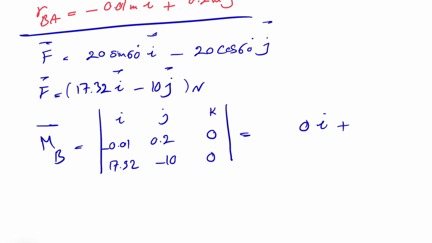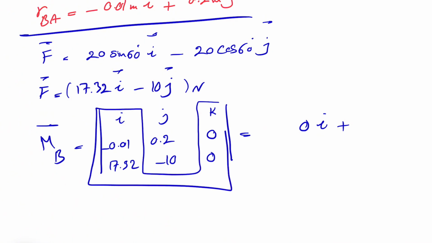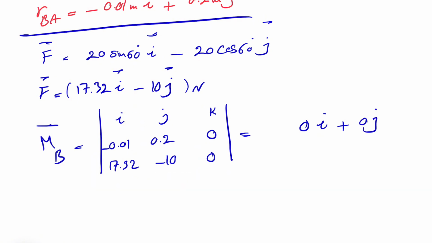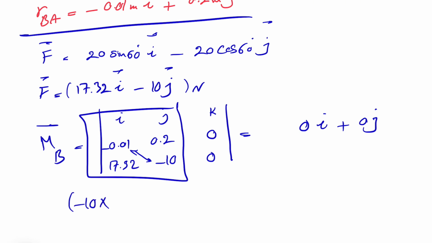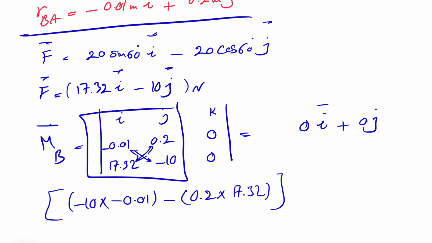For j, we're going to cover the j column, so we have this. We cross multiply these two: 0 times minus 0.01, which is 0, minus 0 times 17.32. That's going to be 0, so no j component, we only have a k component. If we cover the k column, we have minus 10 times minus 0.01, minus 0.2 times 17.32, and that's going to be our k.